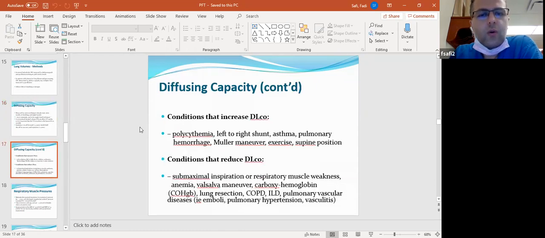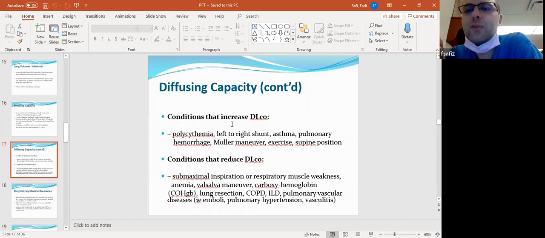Okay, so now what are the factors that decrease the DLCO and what are the factors that increase the DLCO? All of them make logic on why you should increase and why you should decrease. Let's talk about the factors that increase the DLCO. First one is polycythemia. Why? Because you have more blood to extract the carbon monoxide, and therefore the DLCO will go high.